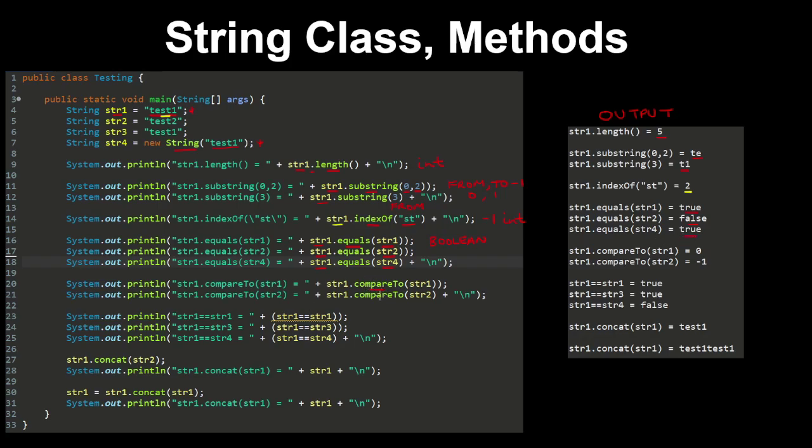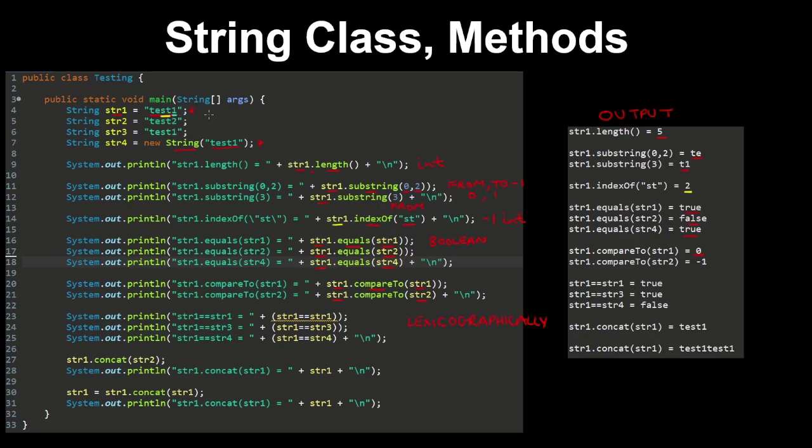Now the compareTo method compares two strings lexicographically, which is based on the Unicode value of each character in the strings. And we can look at this intuitively. So we have the characters in str1 being equal to the characters in str1. So the difference between these strings is 0. Now when comparing the characters in str1 to those in str2, all the characters are equal except the 1 and the 2.